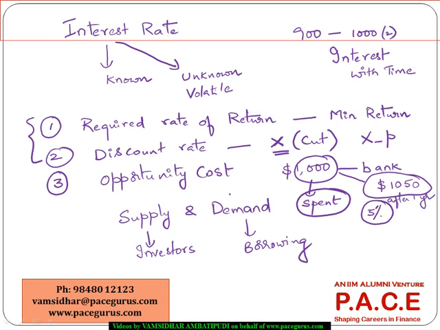And the typical interest rate, which is driven by the market forces of supply and demand, has a composition that goes like a real risk-free rate plus different kinds of premiums being added on top of it.